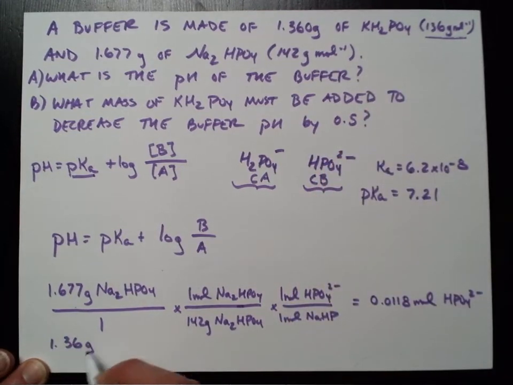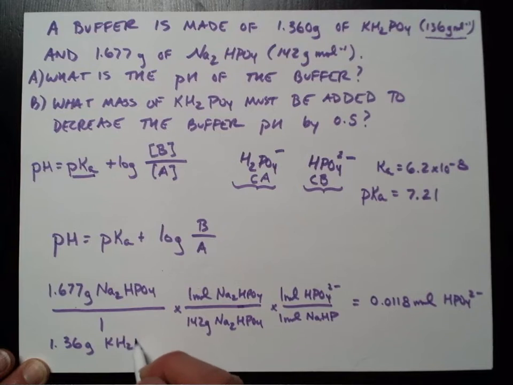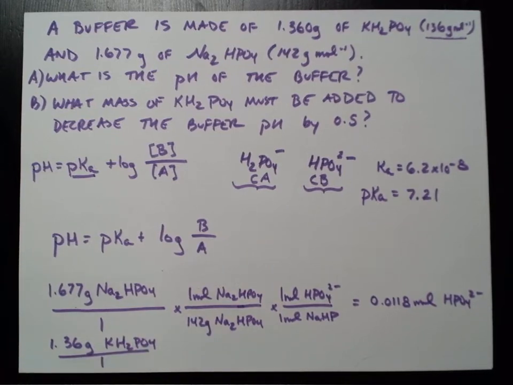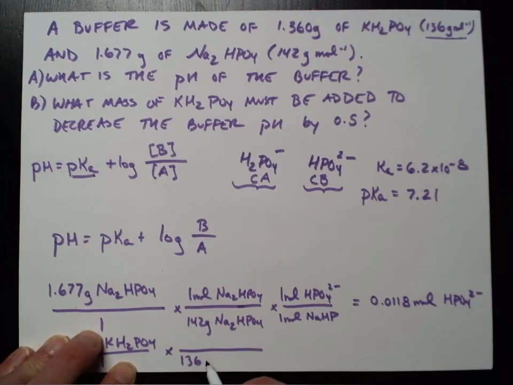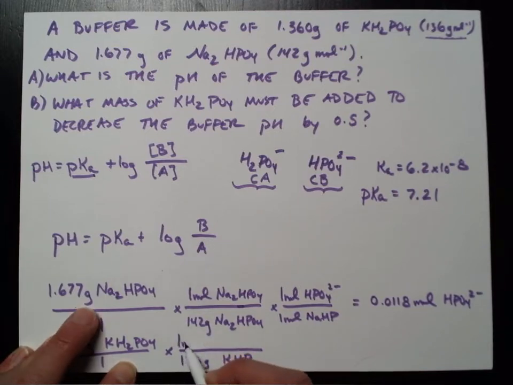1.36 grams of potassium dihydrogen phosphate. And of course, we're going to take this and multiply that by, let's see, on the denominator, 136 grams of potassium dihydrogen phosphate for every 1 mole of the stuff.